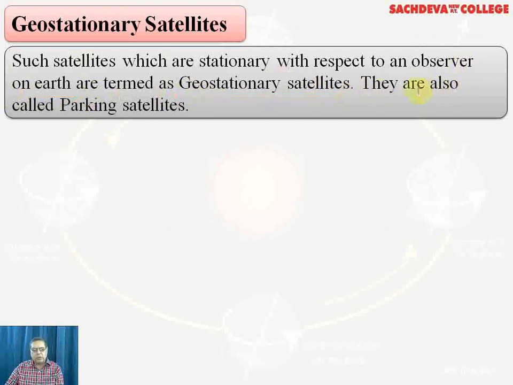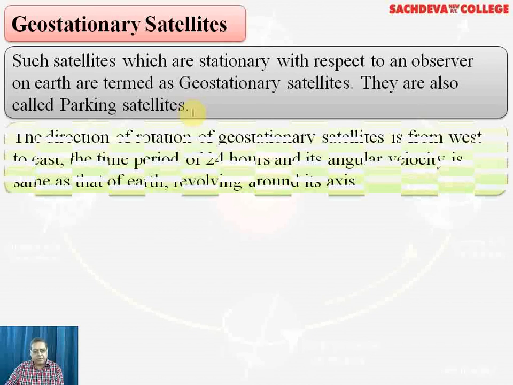These are also known as parking satellites, and the orbit in which the satellite exists is called the parking orbit. From the parking orbit, radio communication or television communication can be carried out.